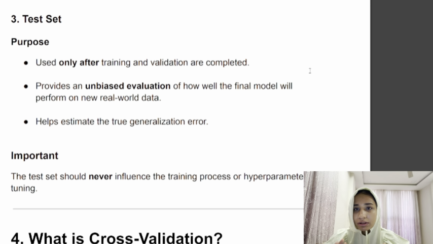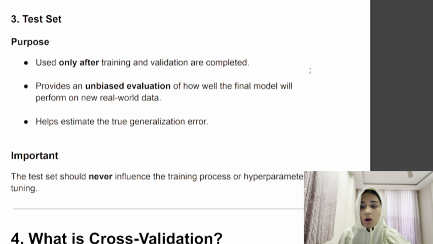Third, it helps estimate the true generalization error. Importantly, the test set should never influence the training process or hyperparameter tuning.